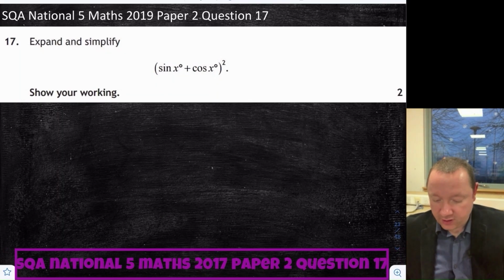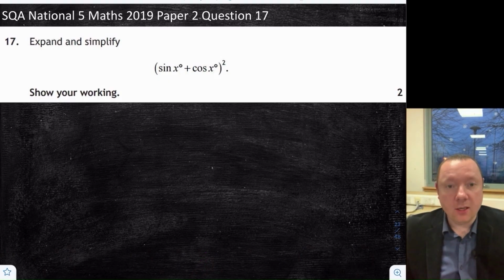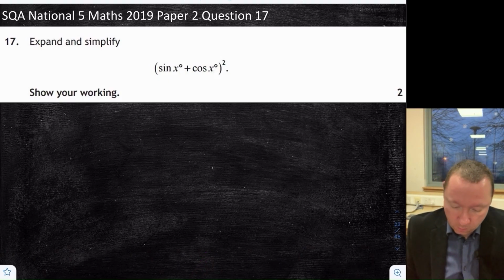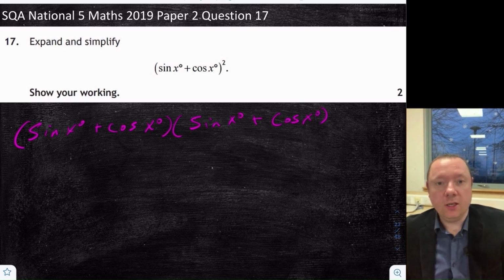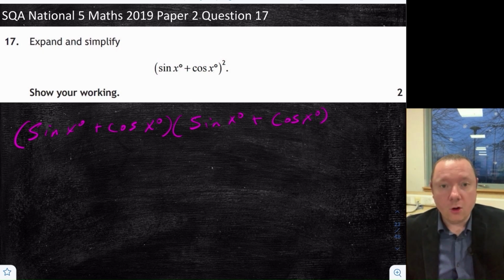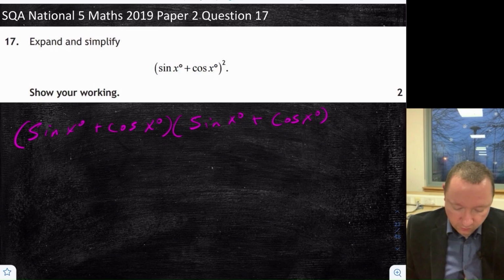Expand and simplify sin x plus cos x all squared. So it's a double bracket question as well. So I've got sine x plus cos x times sine x plus cos x. And expand that any way you want using a grid or FOIL. I'm just going to use FOIL for the sake of quickness. So first, sine x times sine x is sine squared x.